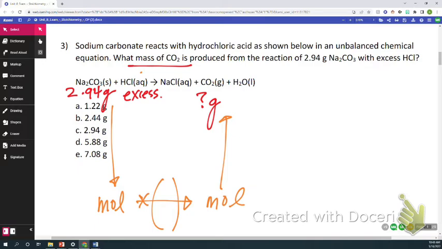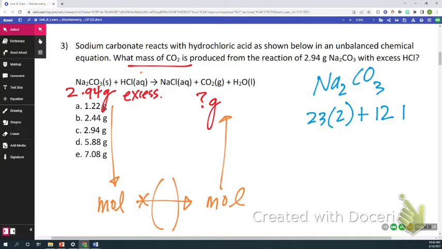So, to go from grams to moles, you have to divide by the molar mass. The molar mass of this, right? Na2CO3. So, on the side here, if you want, you can add up Na2CO3, 23 times 2 plus 12 carbon plus 16 times 3 for oxygens, the 3 oxygens.